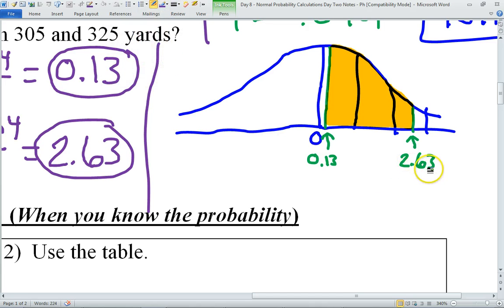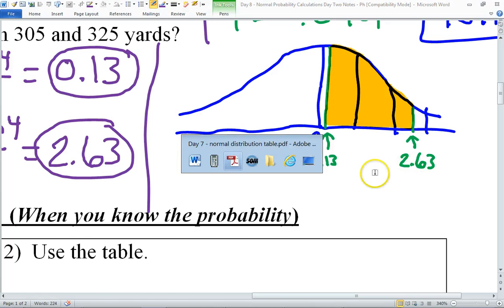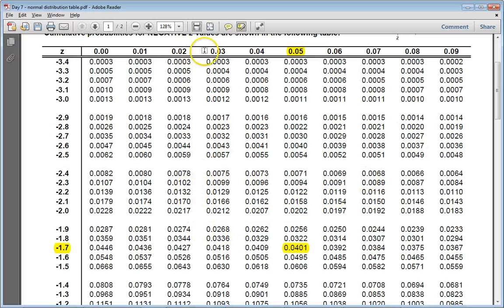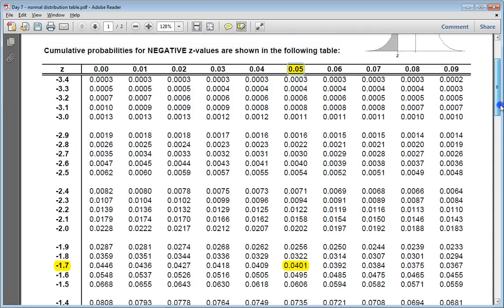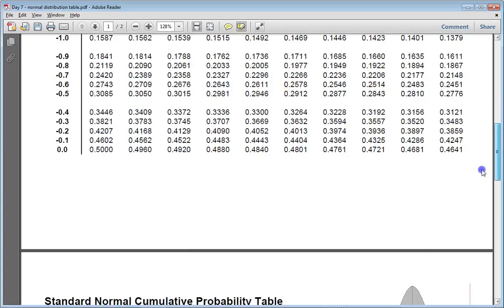Going to the chart now. 2.63 is going to be on the positive side.